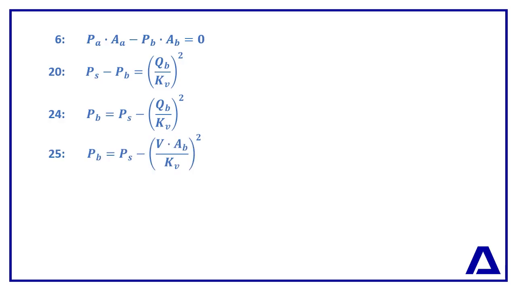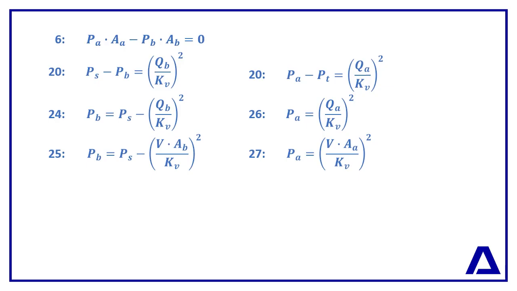And substituting the flow with velocity times area gives equation 25. Same for pressure A. Pressure tank is 0, so it becomes pressure A is equal to velocity times area A divided by the valve constant squared. Now we substitute pressure A and pressure B into equation 6, giving equation 28.